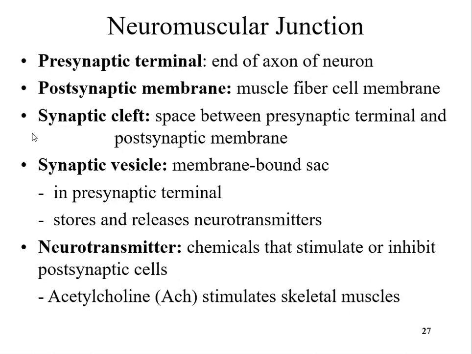Well, it poses a problem though, right? Because if the cells don't touch, how does that electric action potential, that depolarization, travel from cell to cell? Kind of a problem. Well, it means that another type of signal is necessary here.